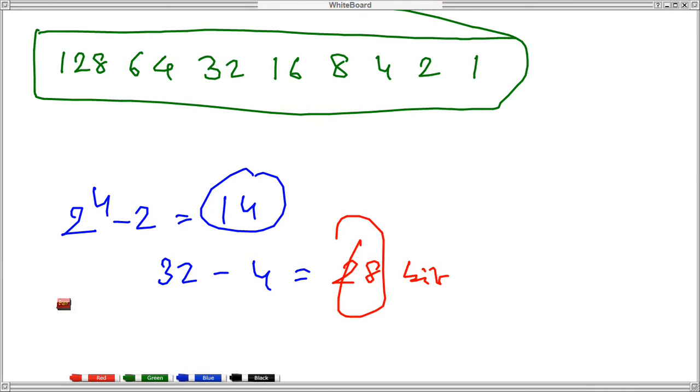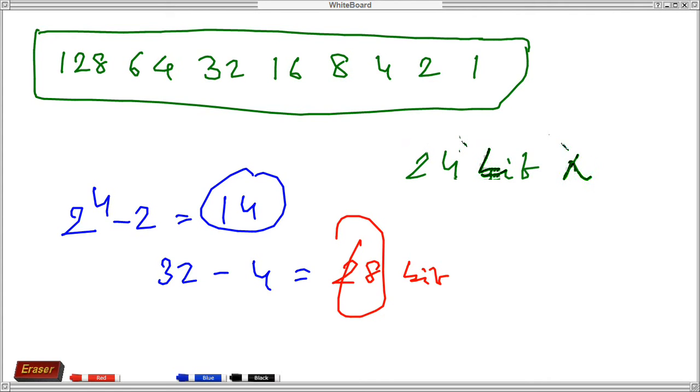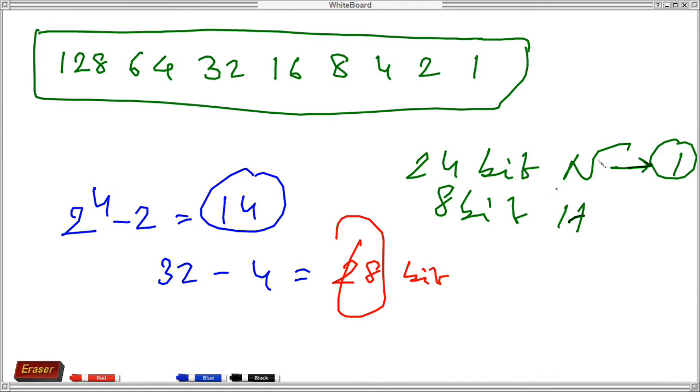The rule says if I have, for example, 24 bits in network and the remaining 8 bits in host, then the entire 24 network bits will be 1 and the host bits will be 0. So there is a table to calculate it, and I have derived it from here.